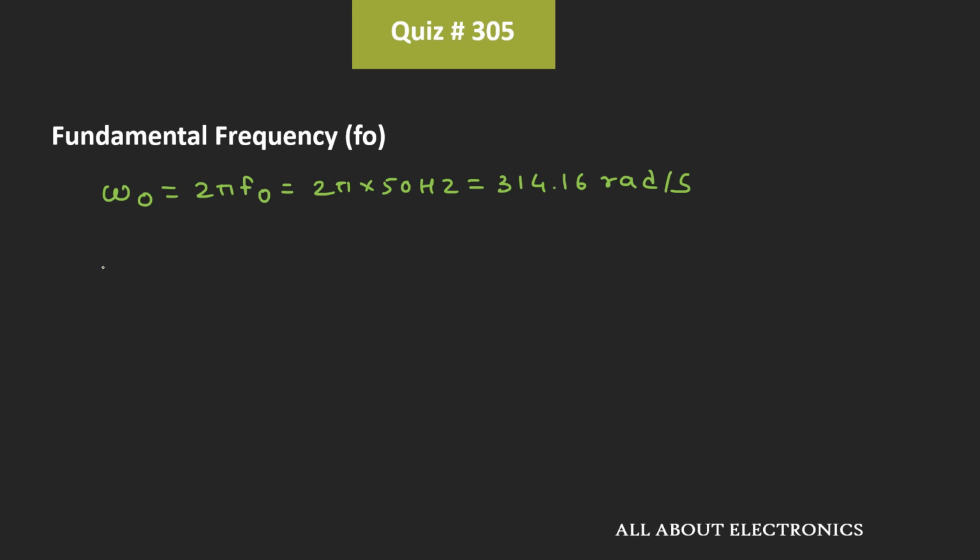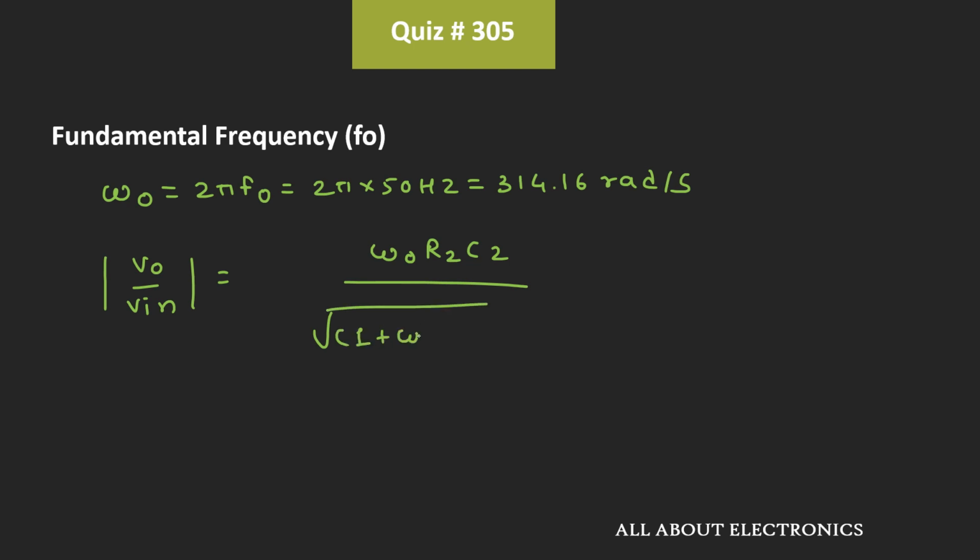So now for the fundamental frequency, this Vout divided by Vin will be equal to omega naught times R2 times C2 divided by square root of 1 plus (omega naught times R1 times C1) whole square, times square root of 1 plus (omega naught times R2 times C2) whole square.